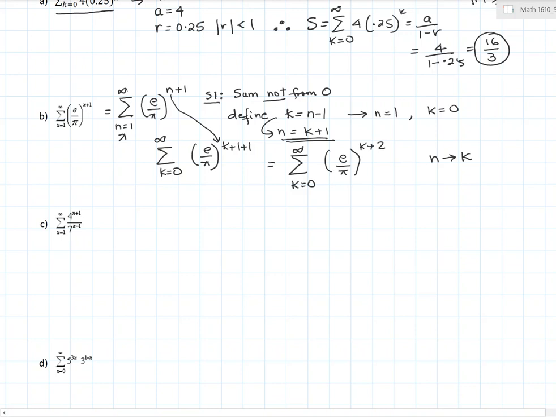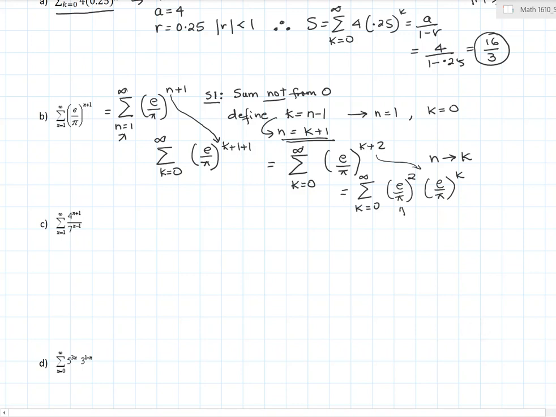Okay, now let's make it the standard form, because this is not a r raised to the power k, so I have to do that. So I have e over pi squared and e over pi raised to the power k, because k plus 2 can be split up as follows.